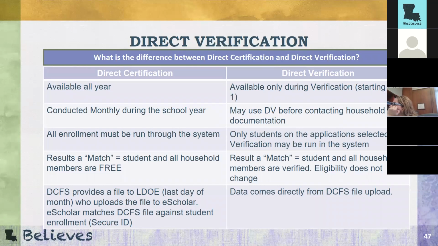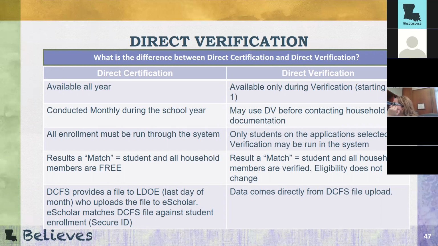What is direct verification? 7 CFR 245.6A-G permits LEAs to directly verify approved applications selected for verification.